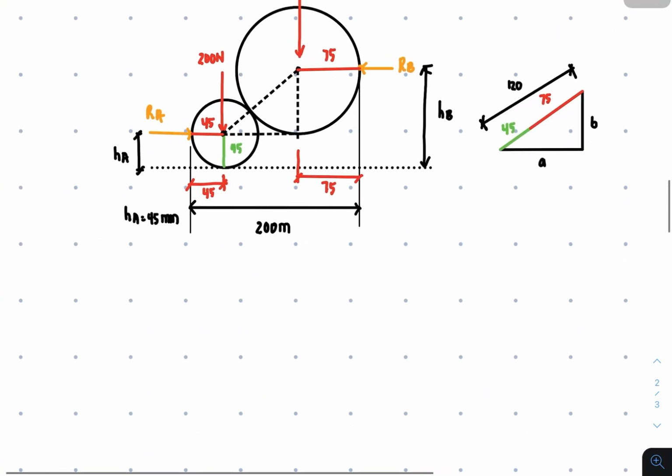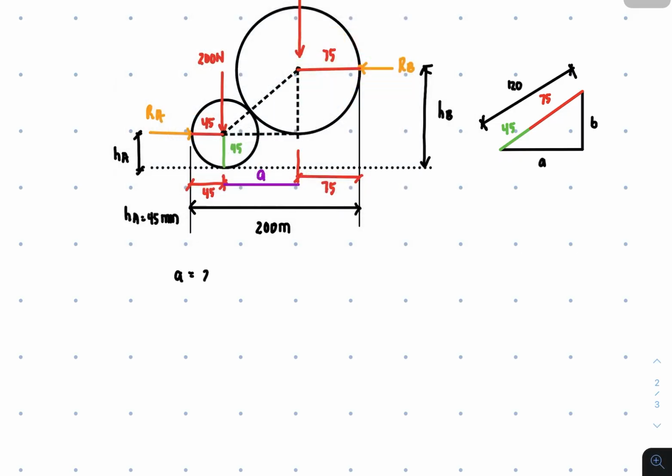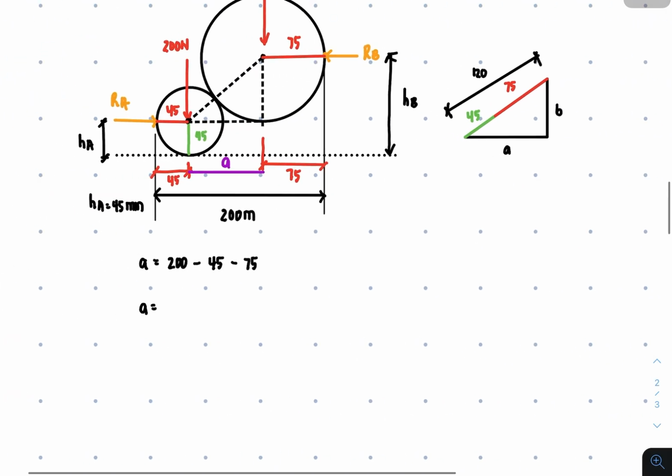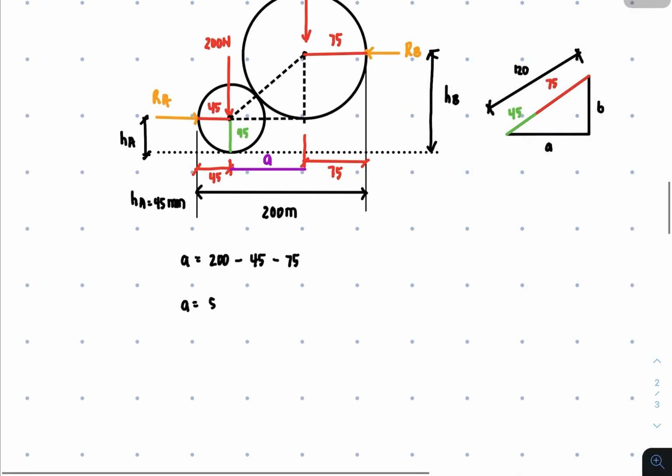So in this case, the distance between the two of them is the distance A. Therefore, A is equal to 200 minus 45 minus 75. So now we have A. So let's solve for A. A is 200 minus 45 minus 75, and that is 80 millimeters.